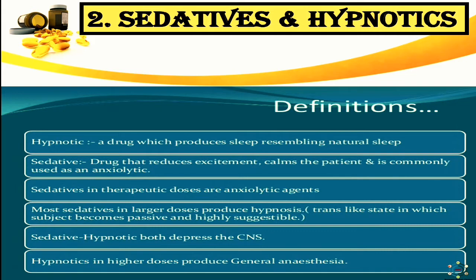Sedatives in therapeutic doses are anxiolytic agents. More sedative in larger doses produces hypnosis. Sedatives and hypnotics both depress the central nervous system. Hypnotics in higher doses produce general anesthesia. So this is all about the hypnotics and sedatives.